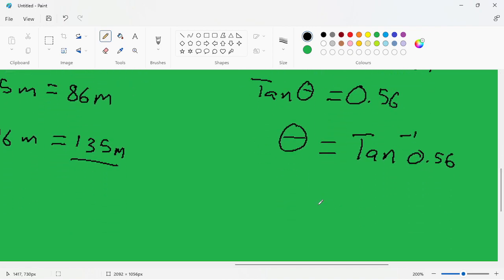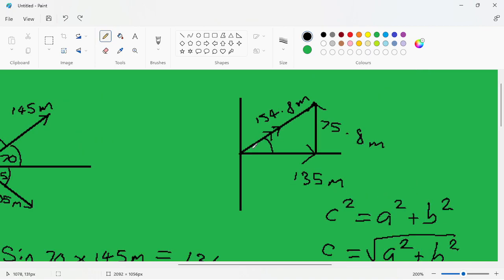So when you plug tan inverse 0.56 into your calculator, and to get the tan inverse function, you would press shift on your calculator, then press tan, and then it will give you tan inverse. So you get tan inverse of 0.56, and that gives us 29.2 degrees.